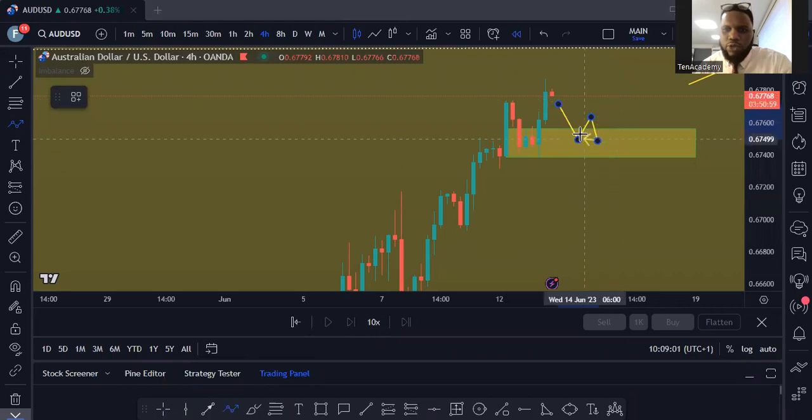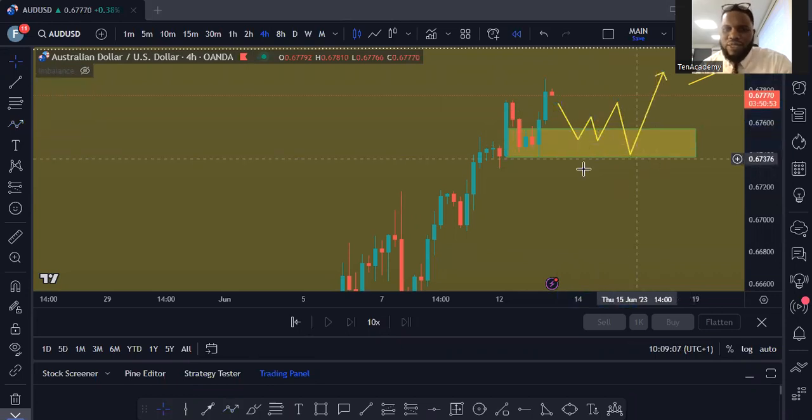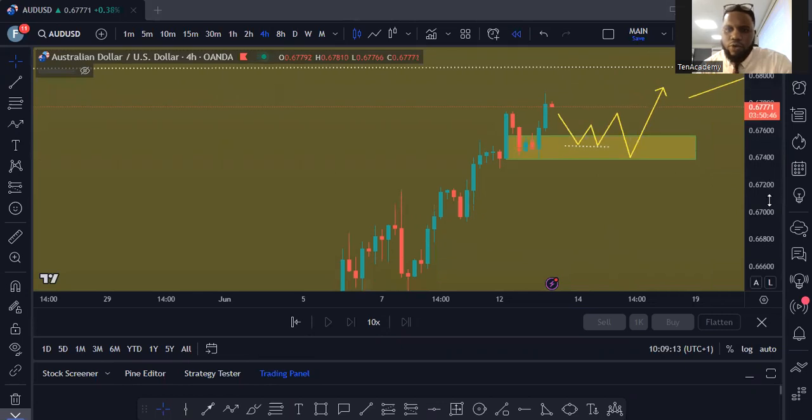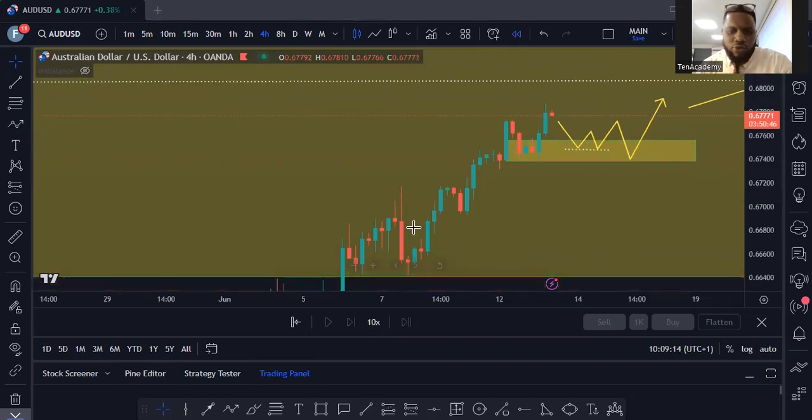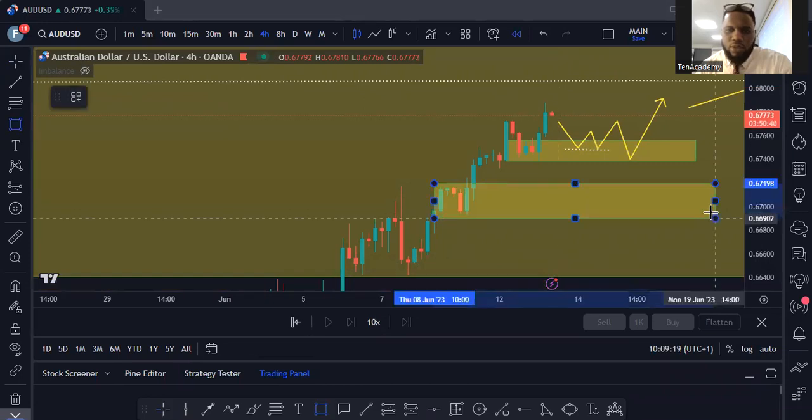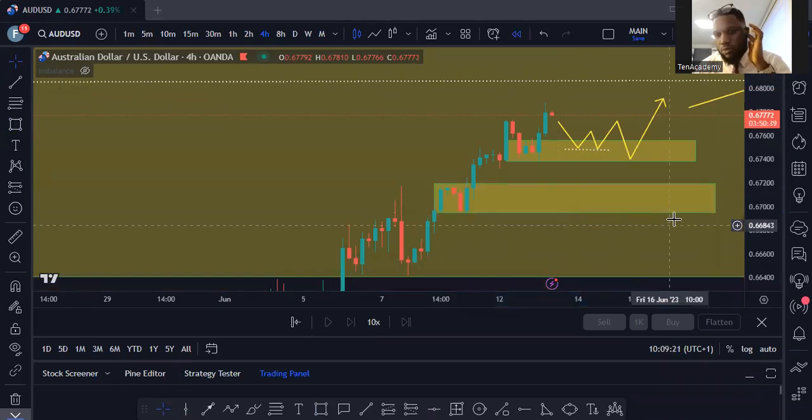That will create inducement here. Then price will come down and then you buy. That's a condition that you should meet to buy inside this particular demand. If not, you wait for price to retrace into this next demand here. Hope that makes sense.